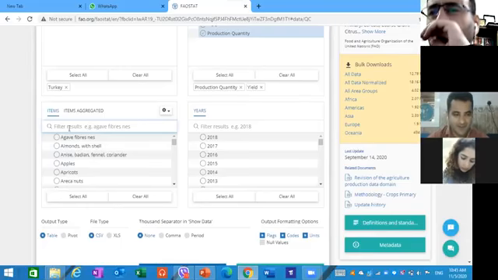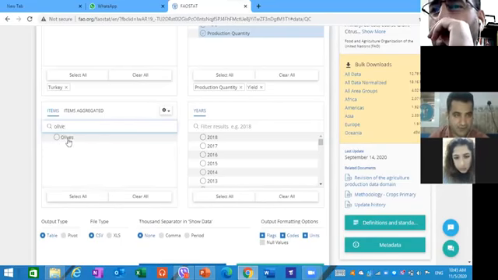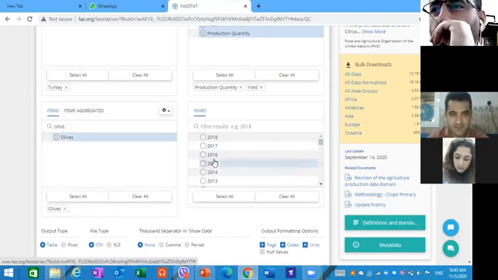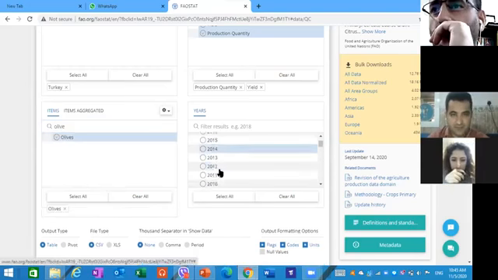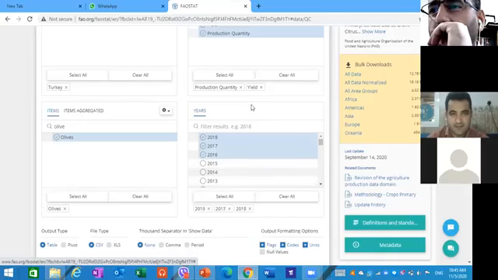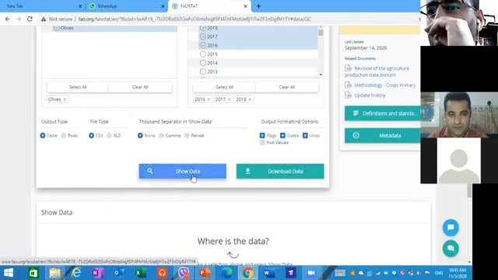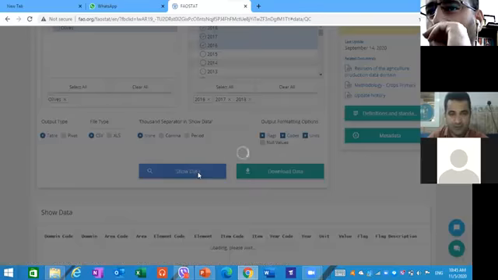For example, about olive in Turkey, any years I want, for example just 3 years. After that, we have to choose show data or download data. For example, show data.